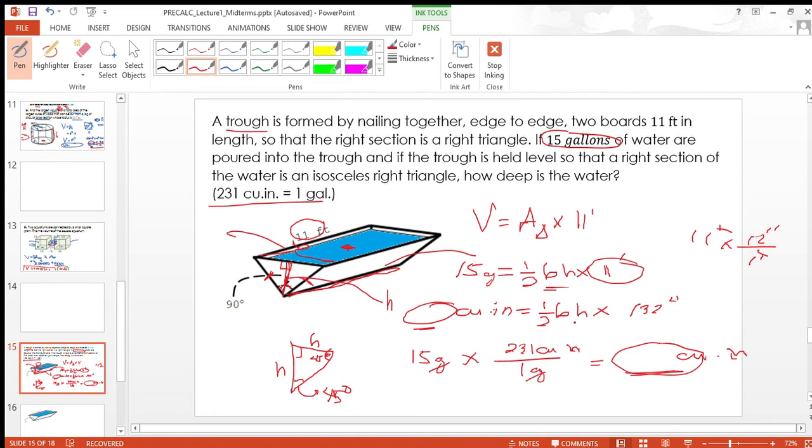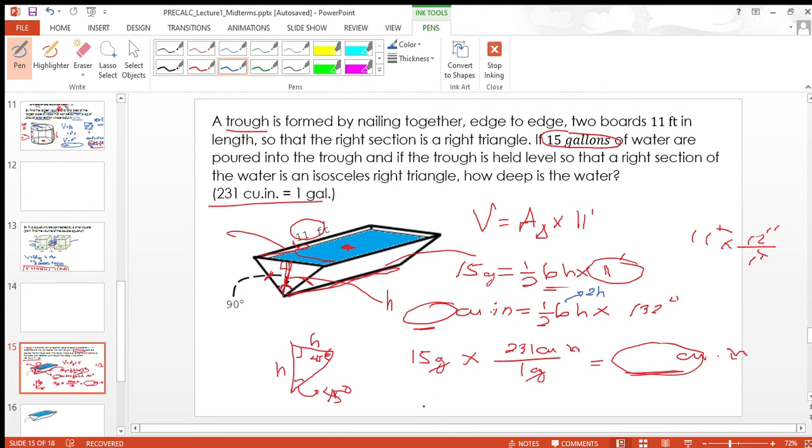Therefore, ayusin natin yung magiging value rito. So, ano yung B natin? B natin is 2H.